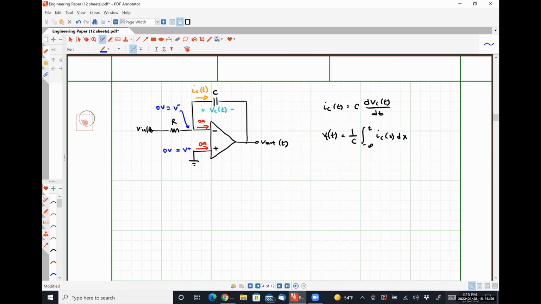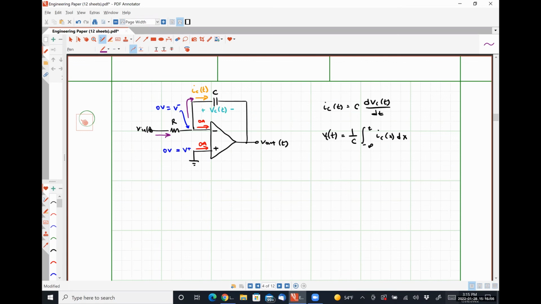I'm going to do this slightly differently. Effectively, I'm still applying KCL at the inverting input node, but we can recognize, I hope, that this current is equal to Ic.